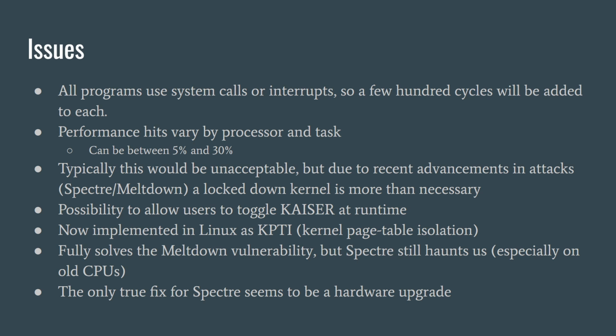But since Spectre and Meltdown have been on the forefront of attacks for quite a bit, a more hardened lockdown kernel is definitely necessary. There is a possibility to allow users to toggle it at runtime to not have the performance hits, but of course you would want to have this on as much as possible, because these exploits can get a lot of secret information. And it's now implemented in Linux as kernel page table isolation.